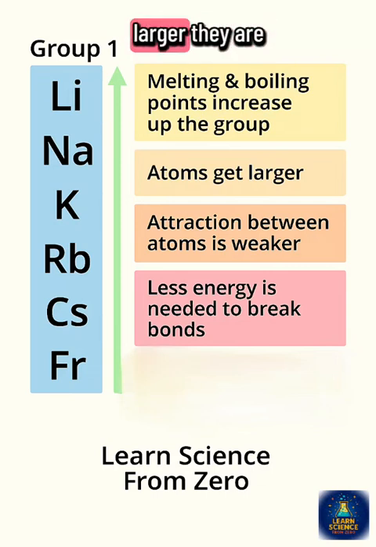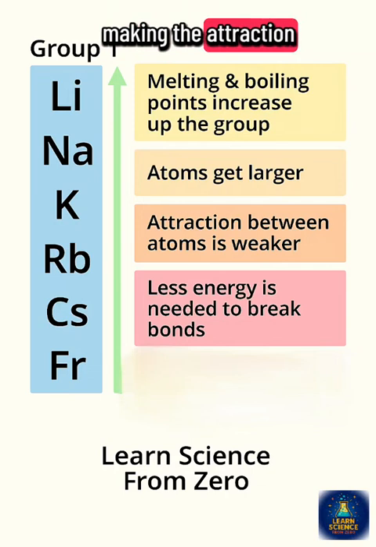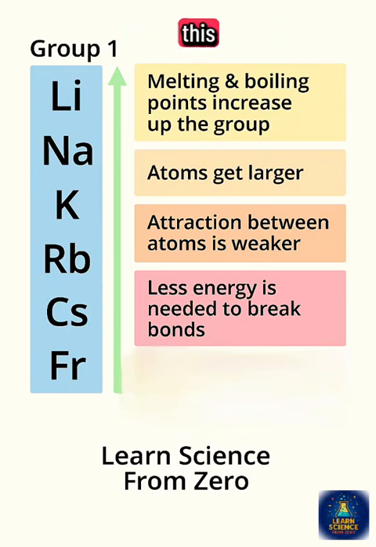As they're getting larger, they are moving further and further away from the nucleus, making the attraction between the nucleus and the electron weaker. Now, because of this, you require less energy to break the bonds to overcome the transition of solid into a liquid or liquid into a gas.